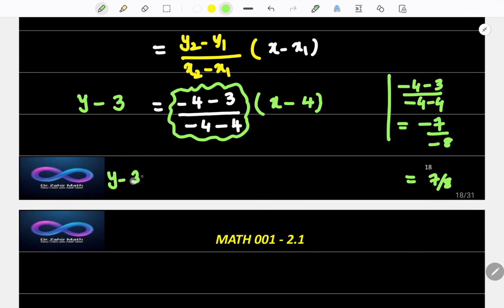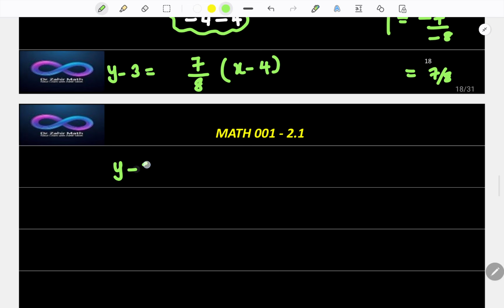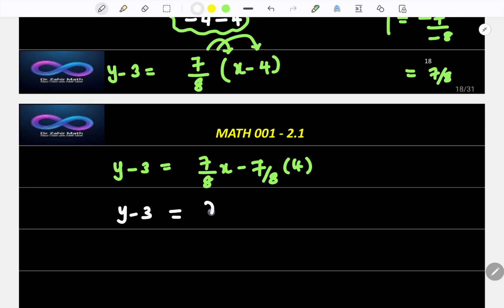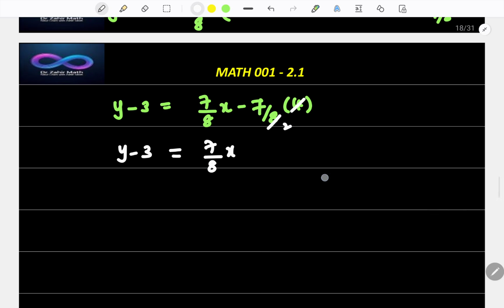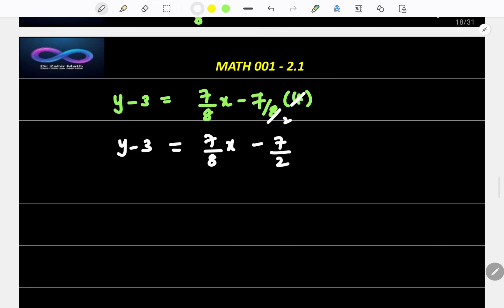So y minus 3 is equal to 7 over 8 times x minus 4. Is it okay? Right. So y minus 3 equals, just multiply now, 7 over 8x, and 7 over 8, there is a minus sign, multiplied by 4. This 8 cancels with this 4, which is going to become negative 7 over 2.